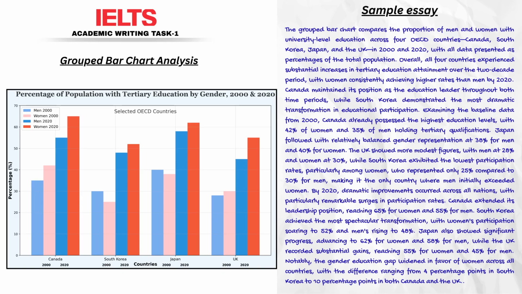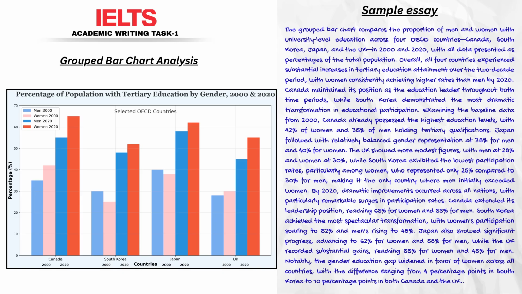It has masterfully paraphrased using high-quality synonyms. Grouped bar chart compares for the chart type, proportion for percentage, and university-level education for tertiary education. This immediately signals strong language skills.